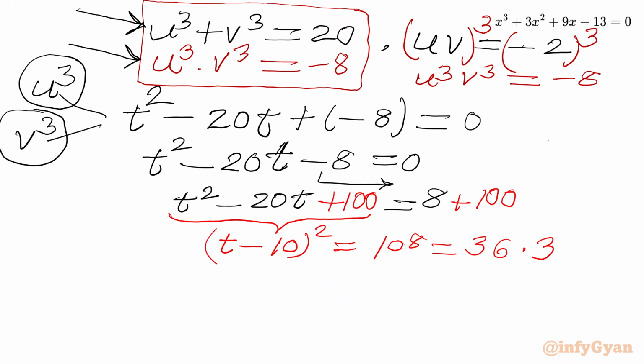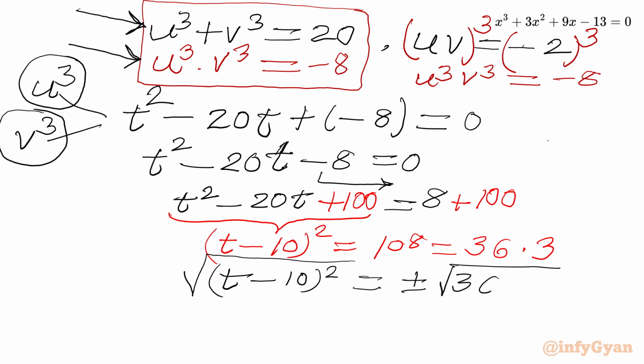Now we have to take the square root on both sides. So I will write t minus 10 whole square with a square root on the left hand side, plus minus sign on the right hand side, square root of 36 times 3. We'll cancel the square root with the square.